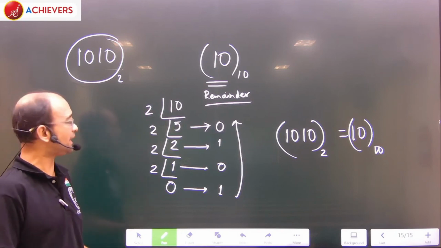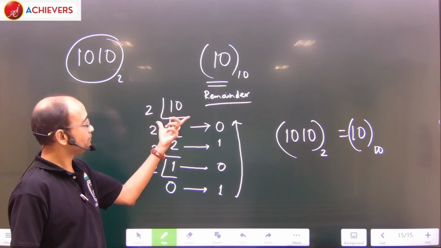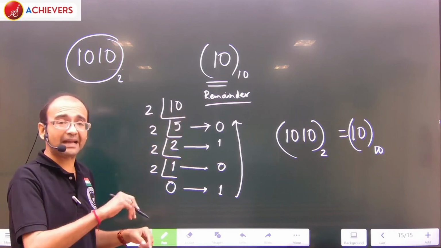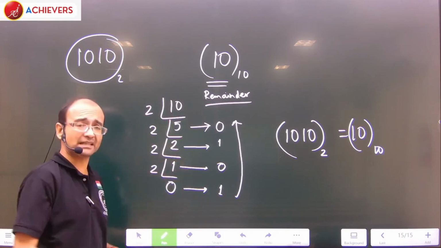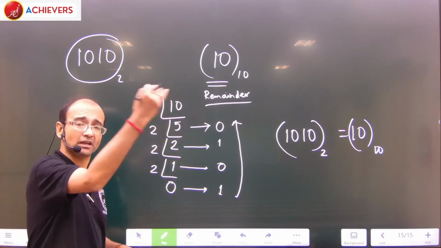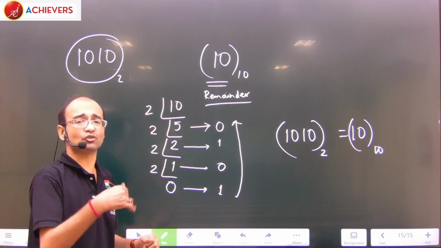Similarly, if we want to find out the equivalent octal, then we have to divide 10 by 8 until we have a quotient 0. If you want to convert it to hexadecimal, you have to keep on dividing the decimal value with 16 and so on.